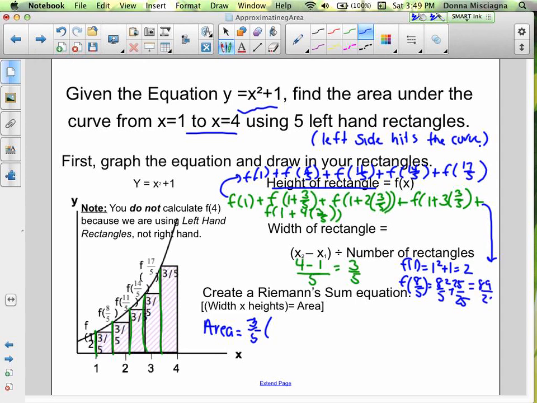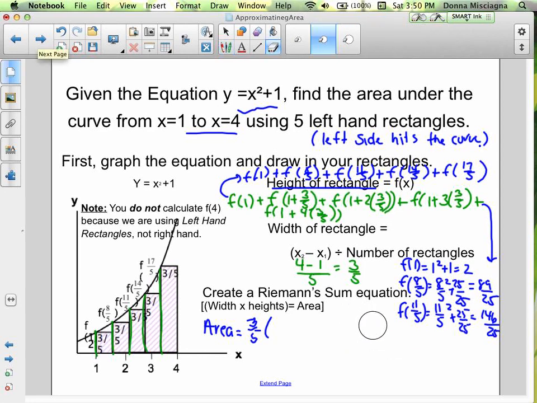Hopefully everyone's okay if I do that, because I'm taking a lot of space up here. So 8 squared is 64. 64 plus 25 is 89, right? And then f of 11/5 is going to be 11/5 squared plus 25/25. So that's going to be 121/25 plus 25/25, which is 146/25.